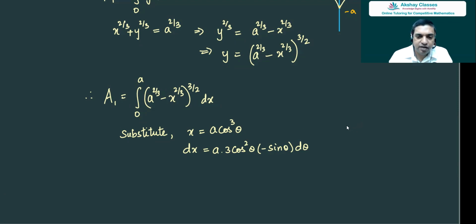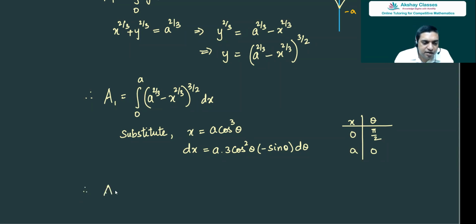And let's look at the limits. When x is equal to 0, cos cube theta will be 0, which means cos theta is 0, which means theta is pi by 2. And when x is equal to a, cos cube theta will be 1. So cos theta will be 1, which means theta is 0. So that's what you get.